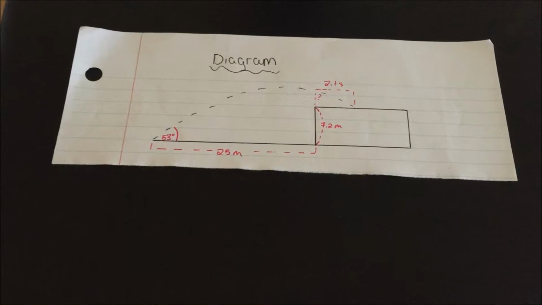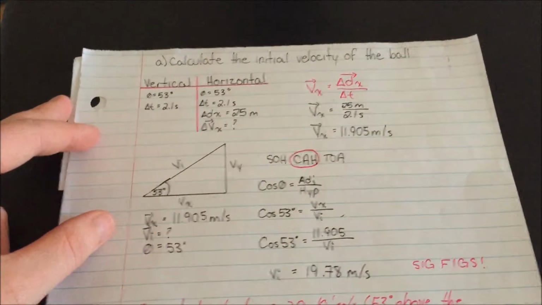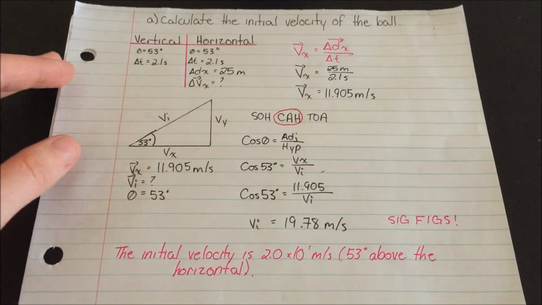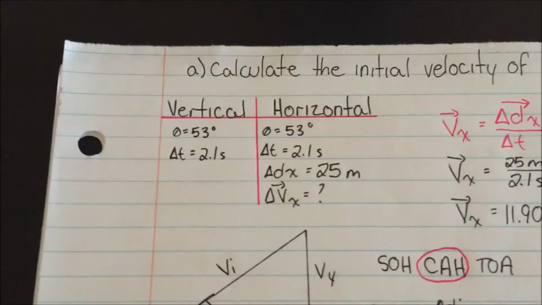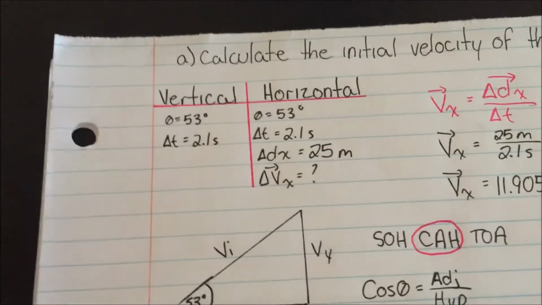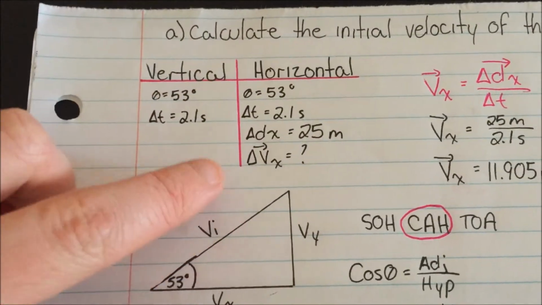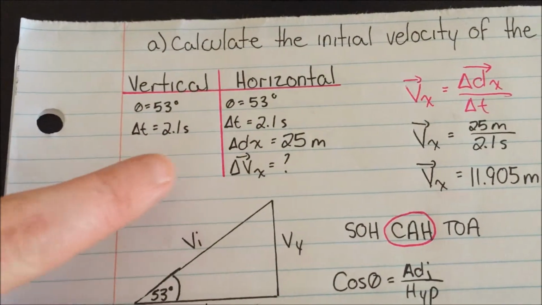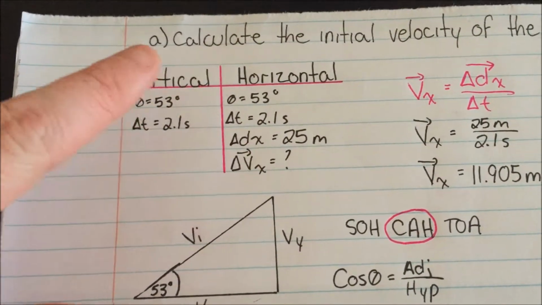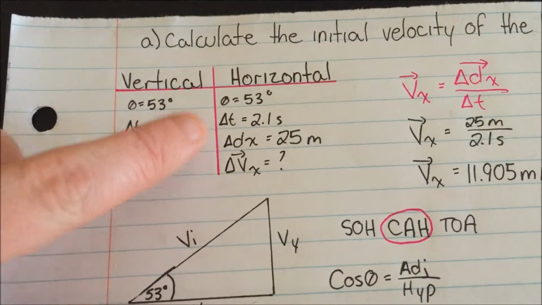Okay, so the first part of answering the question is to calculate the initial velocity of the ball. The first step in doing this is splitting all of the known variables up into the vertical and horizontal aspects. The horizontal is the one that we'll focus on right now. You know that it takes 2.1 seconds.